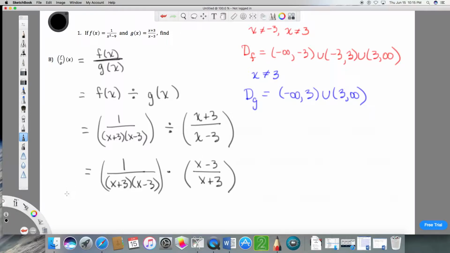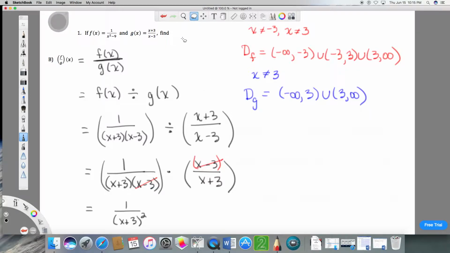And now I have a factor in the numerator and the same factor in the denominator, and those divide to just 1. So when I multiply straight across the numerator, straight across the denominator, I get 1 over x plus 3 quantity squared. And that's how I would leave my final answer.